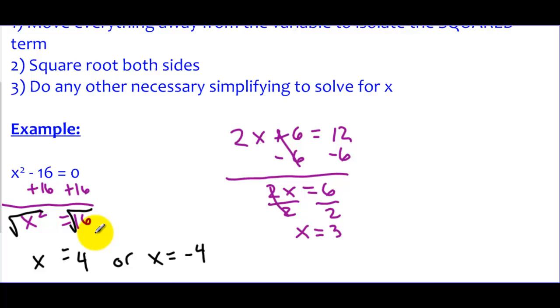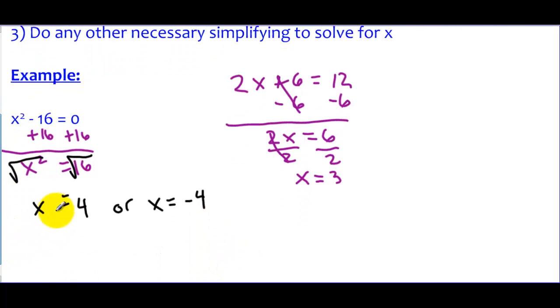So whenever we're square rooting a number, like 16 or 25, we have to say there's two possibilities, 4 and negative 4. Another way you might see this written, instead of as two separate statements, is x is equal to plus or minus 4. This little symbol with the plus sign and the minus sign stacked is another way of writing plus and minus 4 at the same time. So x is equal to 4, x is equal to negative 4, means the same thing as x is equal to 4 or negative 4.